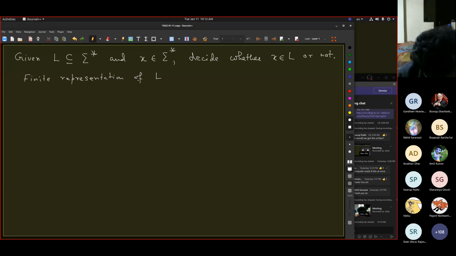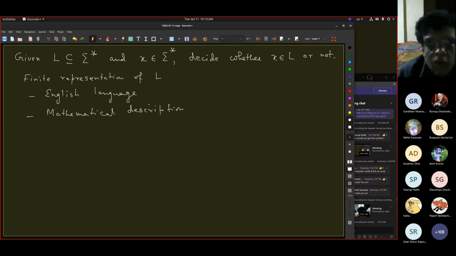Okay, so exhaustive enumeration of an infinite set is not possible. So here are certain possibilities. So English language description. We may have mathematical descriptions. Okay.